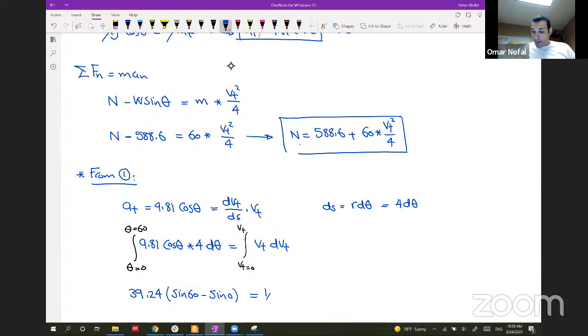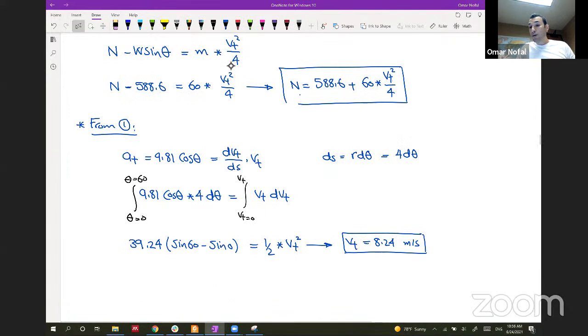And here will be half multiplied by vt squared, and then we will be able to get the v tangent, which will be 8.24 meters per second. So we got the v tangent.